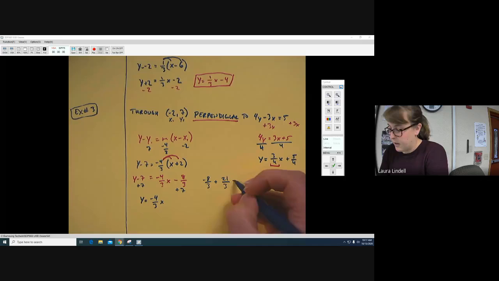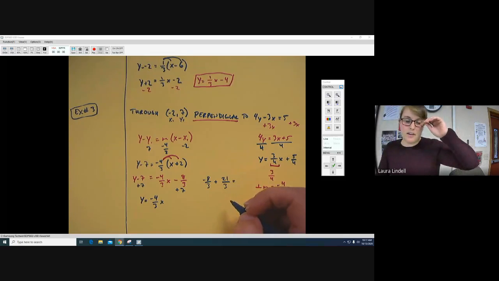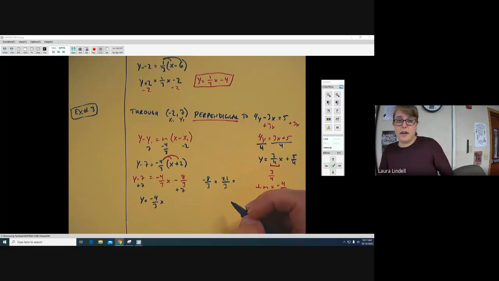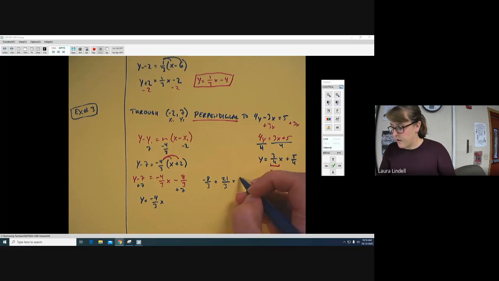And then we add them together. Most of your answers on homework and tests are not going to be this ugly, or involve lots of adding of fractions. But that's what we get today. So let's see. 21 and negative 8 would give us 13 thirds.